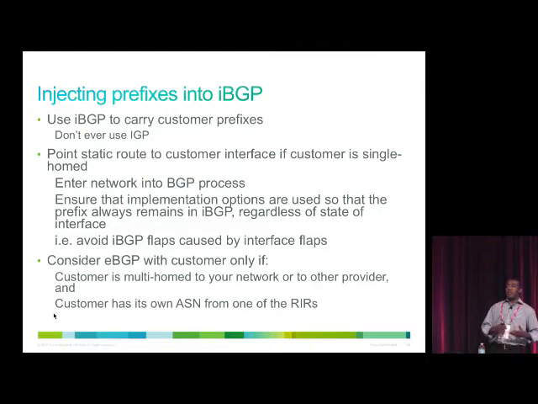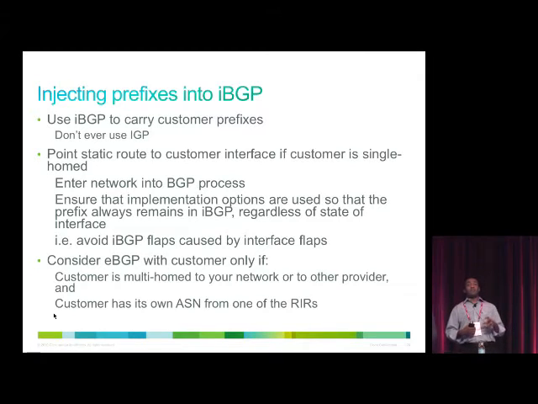BGP is used if your customer has an autonomous system assigned from a registry and has its own IP address space assigned from a registry. Then you need to carry that customer prefix because it doesn't belong to you. The other requirement is if the customer is multi-homed, connected to other service providers as well.